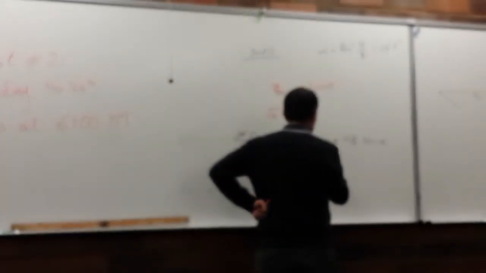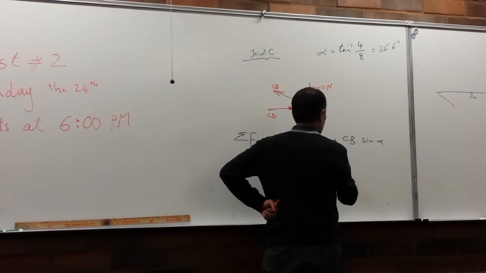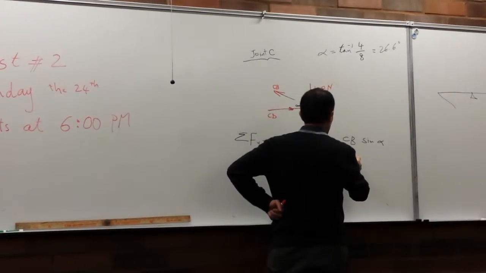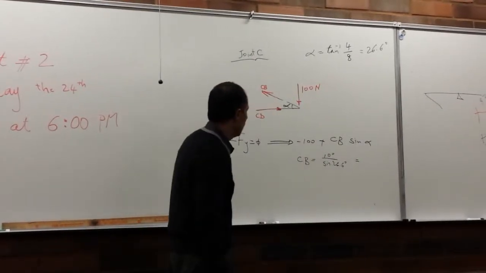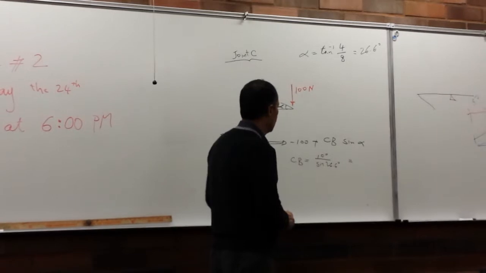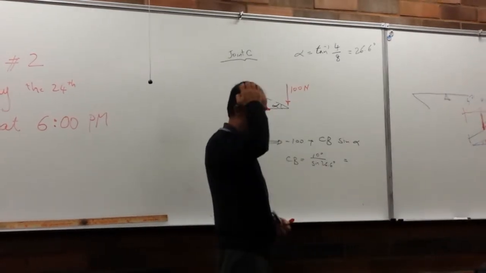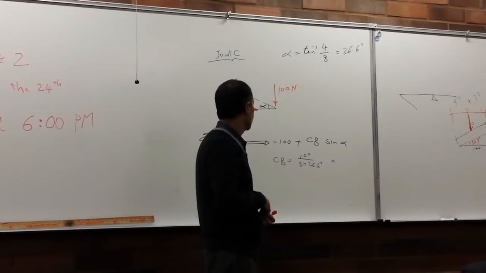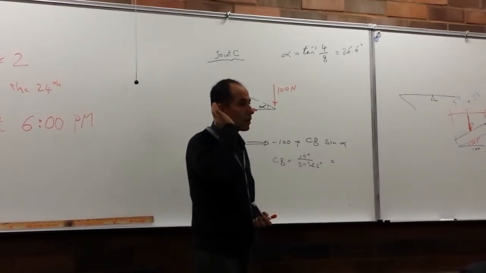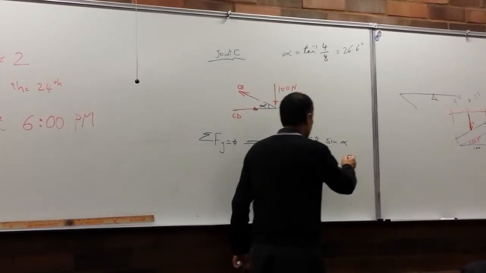From here, CB equals 100 over sine of 26.6. Give me a number. 223. Yeah, 223.